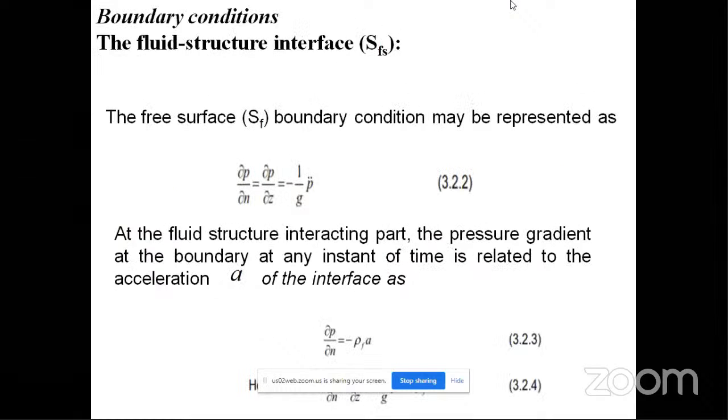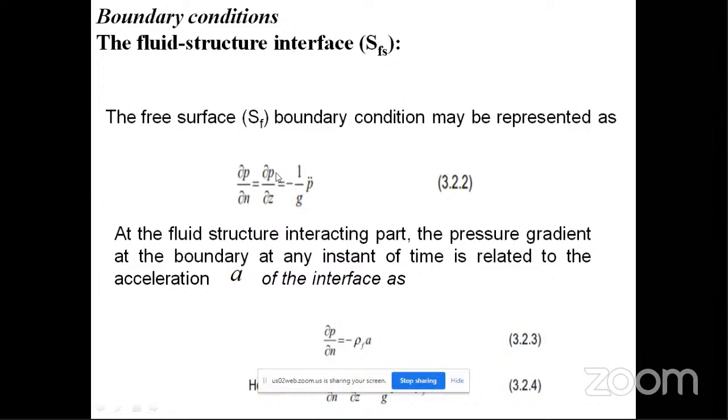Now the boundary conditions. Suppose the plate is there. Beyond the plate is the free surface of the ocean or tank, whatever it may be. What is the boundary condition at the free surface of the liquid? It is the gradient of the pressure along the normal direction, del p by del n.